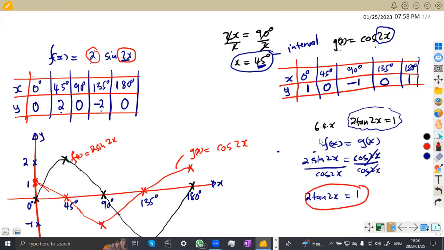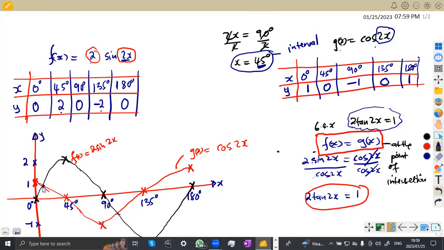It was at a condition where f of x is equal to g of x, which can only happen at the point of intersection. So you're asking yourself, where am I actually having the point of intersection, where these two graphs are equal? That is where these two graphs meet.